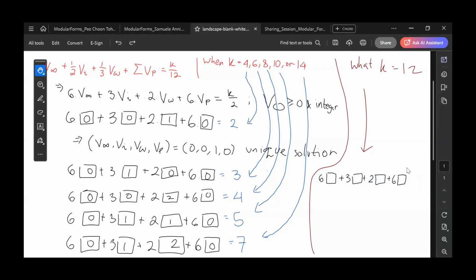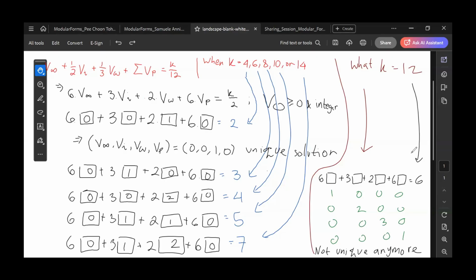As you can see, this time the solution is not unique because we can have it like this. For example, 1, 0, 0, 0, 0, 2, 0, 0, 0, 0, 3, 0, 0, 0, 0, 1. So this is not unique anymore, which is why they are not one-dimensional.